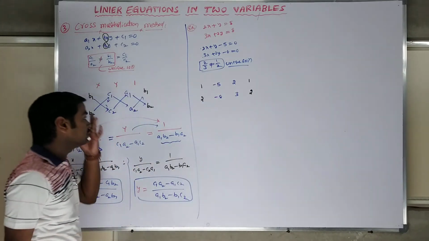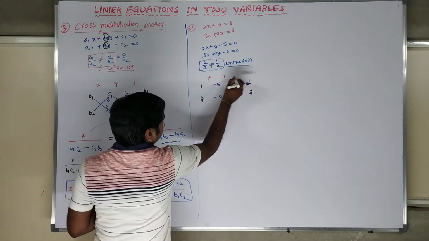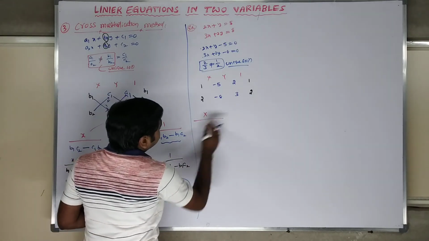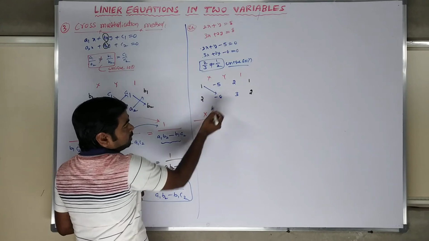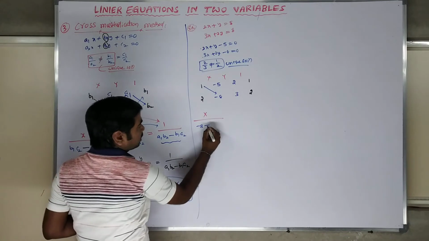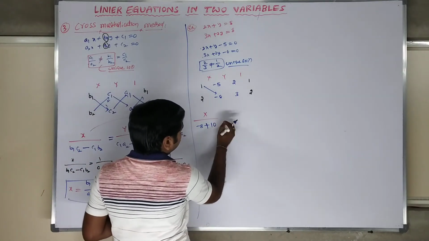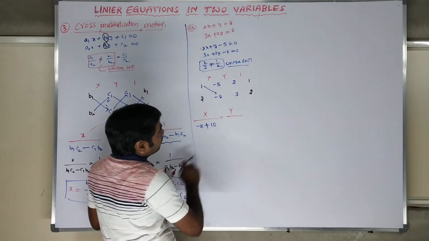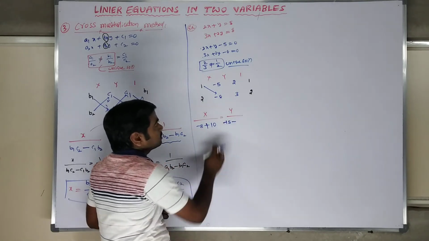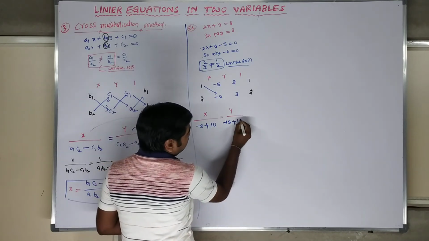This is the way of approaching. After writing, this is the x term, this is the y term, this is the constant term. So x by: you multiply 1 into minus 8, minus 8, minus 5 into 2, minus 10, minus of minus becomes plus 10, is equal to y by: 5 times 3 is 15, minus 15, minus 8 times 2 is 16, minus 16, which becomes plus 16.